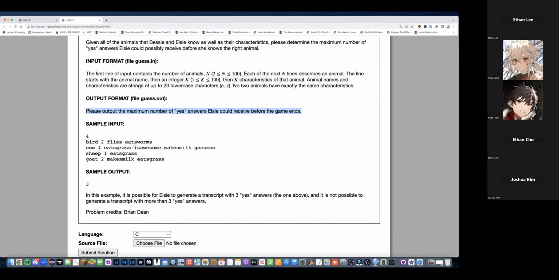Let's say we start with makes milk. If we ask, does it make milk? Then we can eliminate 2 from that initial set already. And then if we ask another question, is awesome, it eliminates it in 2 steps, but we're trying to find the maximum. So knowing that, let's start coding.